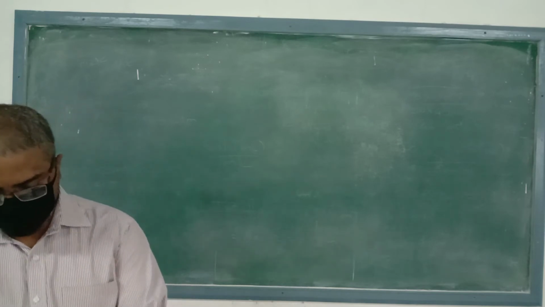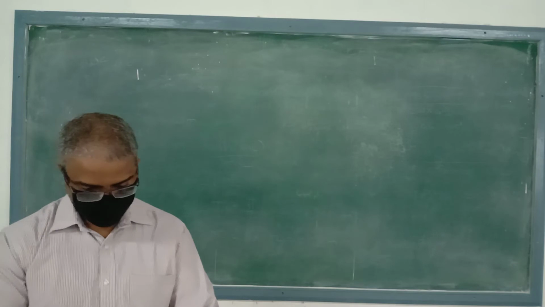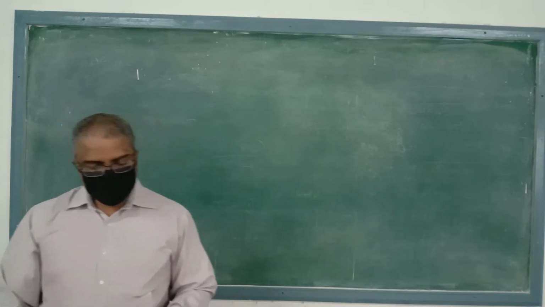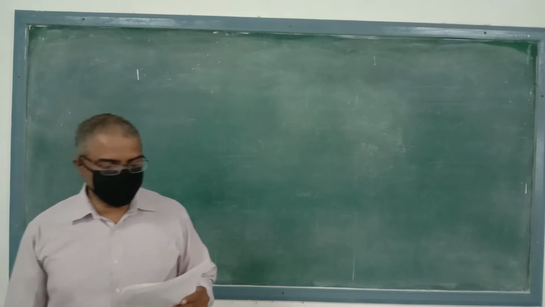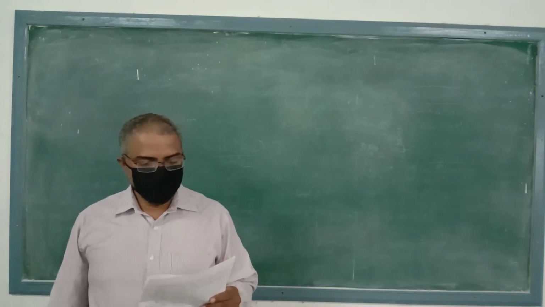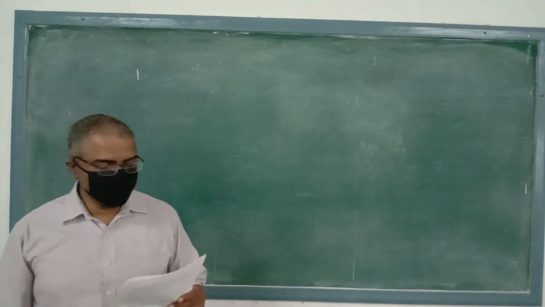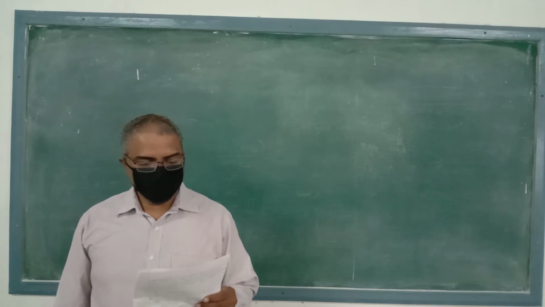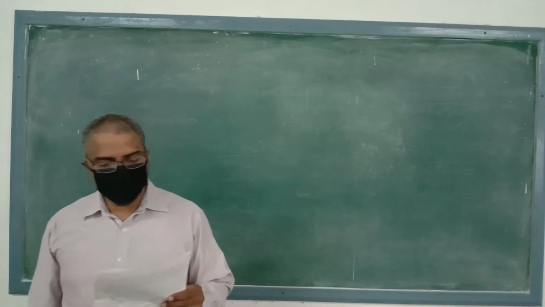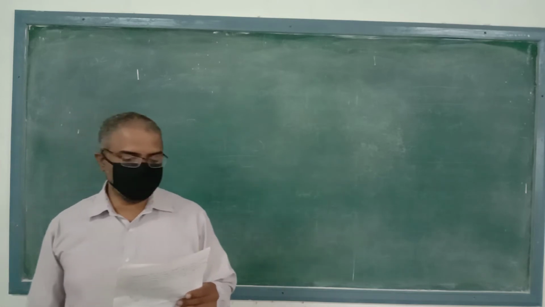Next problem we are going to see. A steel rod whose thermal conductivity is 30 watt per meter degree Celsius, 1 centimeter in diameter and 5 centimeter long, protrudes from a wall which is maintained at 100 degrees Celsius.